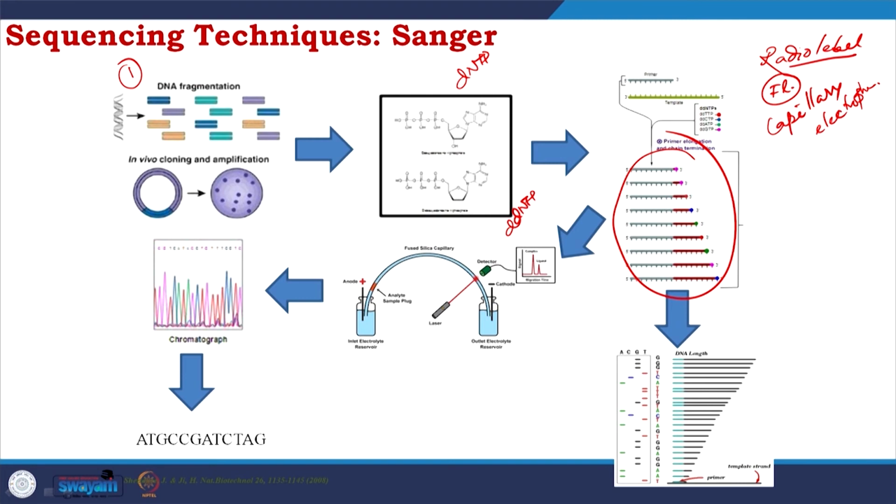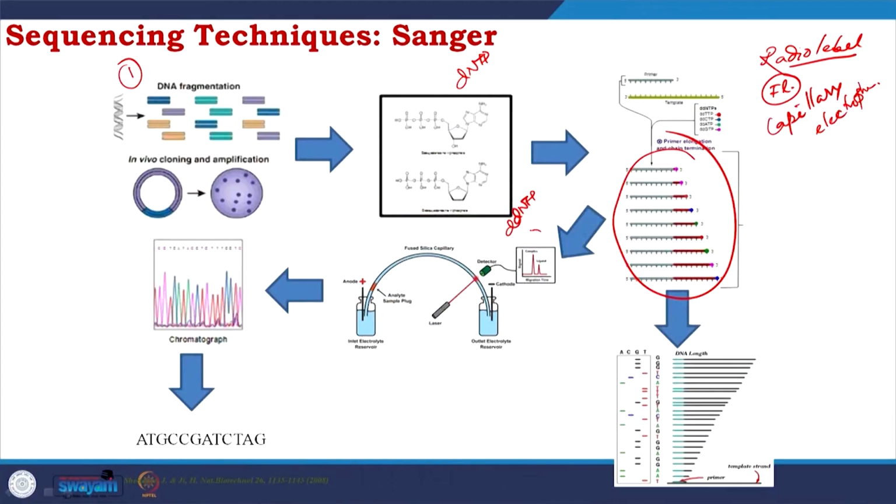Now you have capillary electrophoresis, which enhances the resolution much better, but more importantly, when it goes through the capillary, you start reading it by applying a laser. So, you hit the capillary with the laser, you get a fluorescent signal different for different nucleotides, and that would be recorded in a chromatogram, and from the chromatogram you could read the sequence.